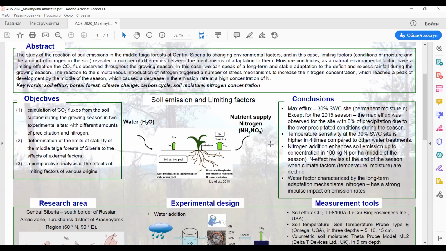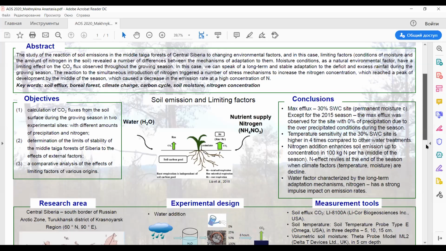So our objectives were to calculate CO2 efflux from the soil during the growing season, to determine some limits or stable conditions for the CO2 emission in our region, and to compare these two factors and their influence on the soil CO2 emission.